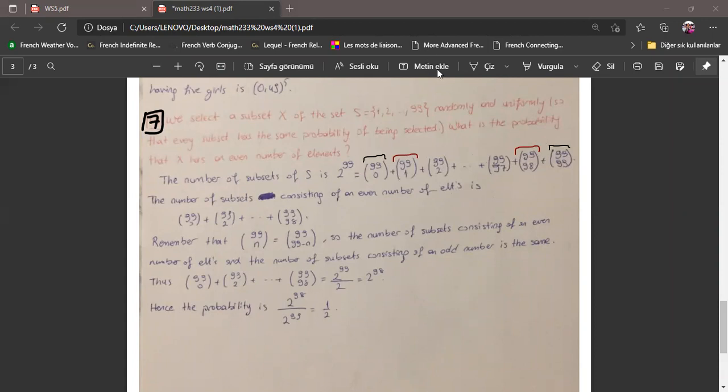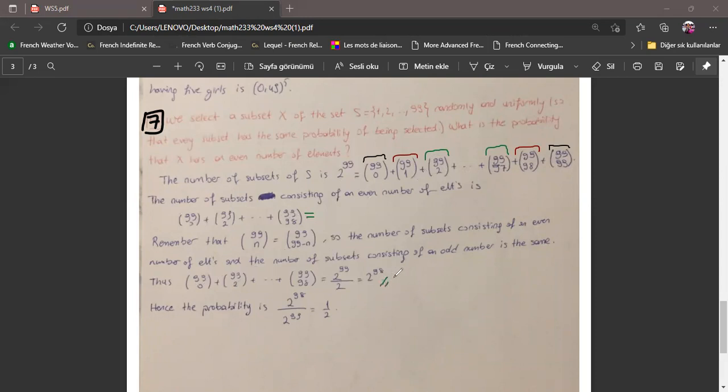So similarly, 99 choose 2 will be equal to this one. As you can guess now, the number of these combinations is half of this number, right? So if we divide it by 2, we will get the number of these sets, which is 2 to the 98.